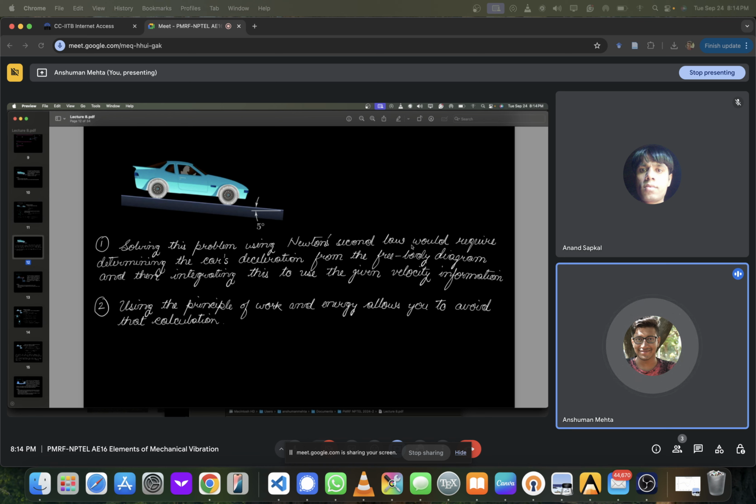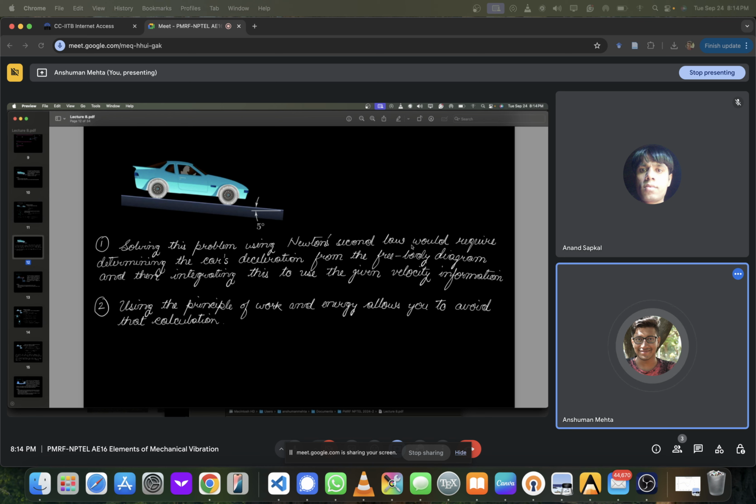Now let's have a little bit of thinking. Try to solve this question using Newton's law. You would require determining the car's deceleration from the FBD and then integrating this to use the given velocity information.